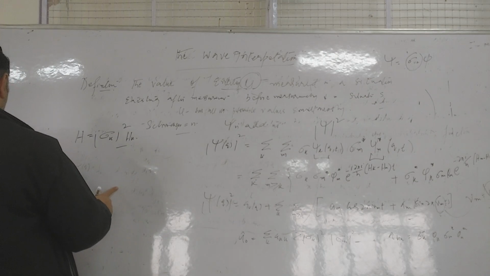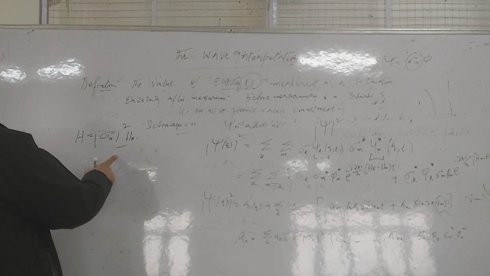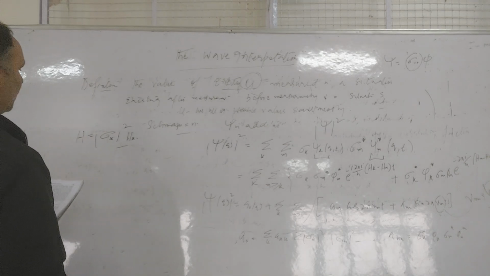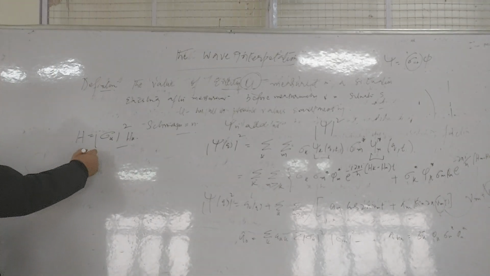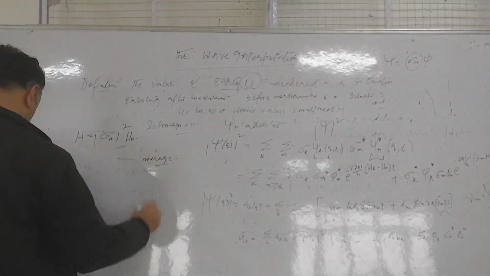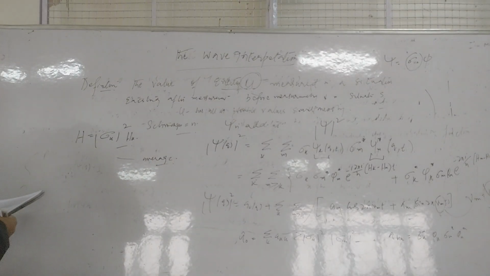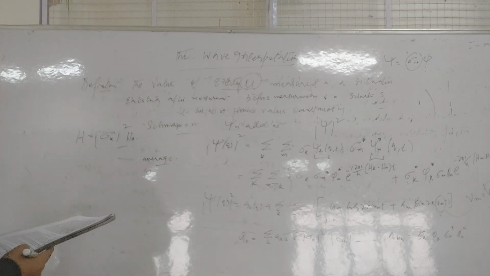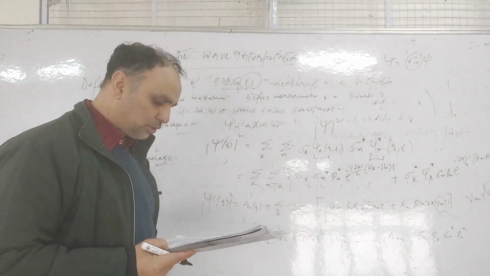This represents the total value, but in the corpuscular interpretation, we had the average value. We normally talk of average value. But each wave function can have both interpretations, corpuscular as well.